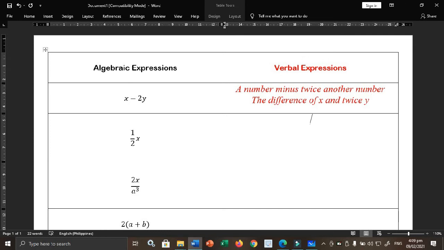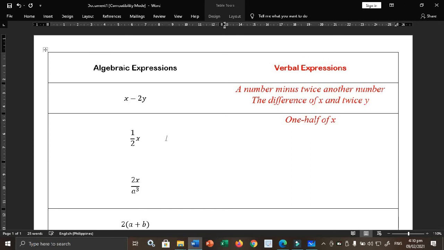So 1/2 x. So pwede ko sabihin 1/2 of x. Kasi they are magkatabi, di ba? Magkatabi sila. Therefore, ang involved na operation is multiplication. So, hindi lang lalagyan ng parenthesis, but it is also acceptable na kahit walang parenthesis, it indicates multiplication.